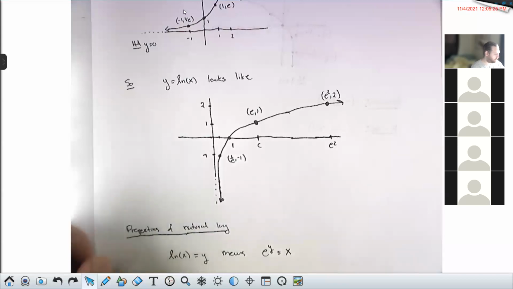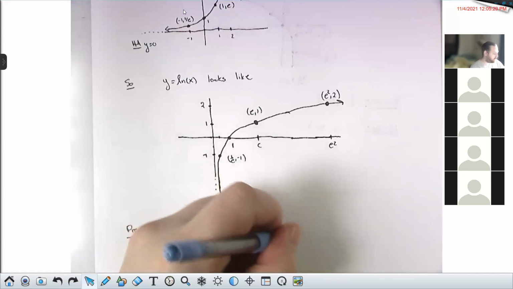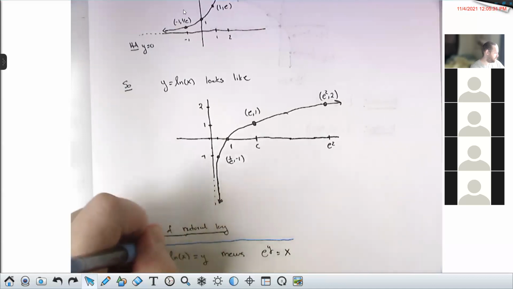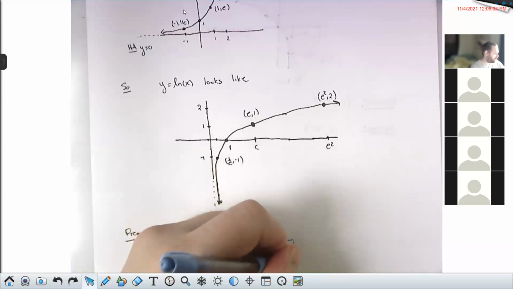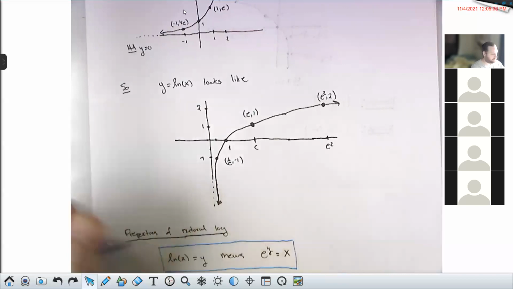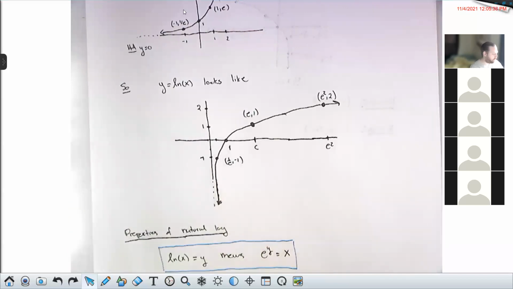And all those other things that we said, like this was our characterization, literally says the same thing we said on that first page. And then you also have these other statements like the ln of 1 is 0.